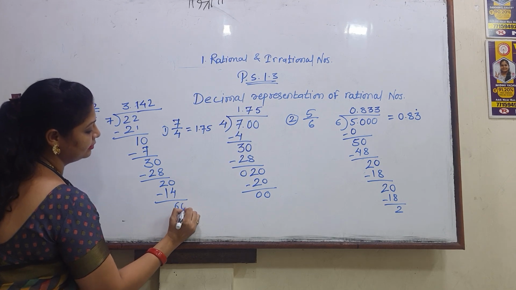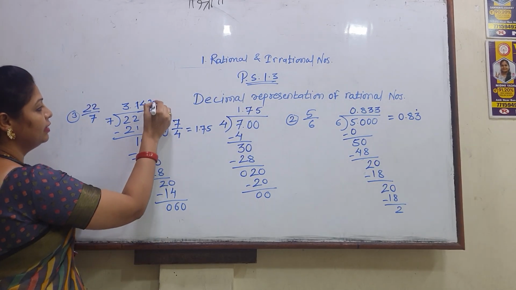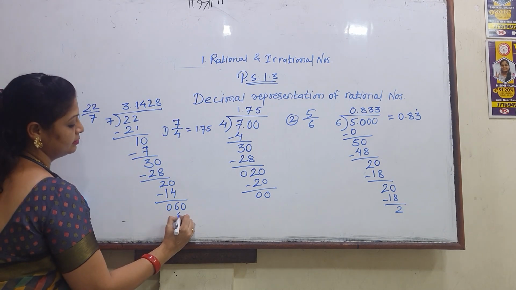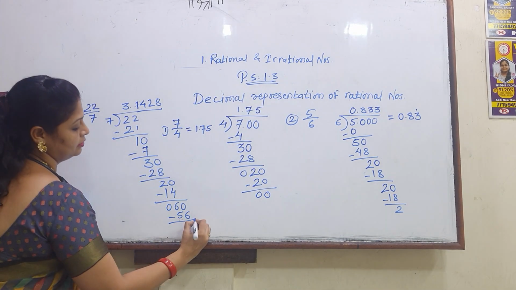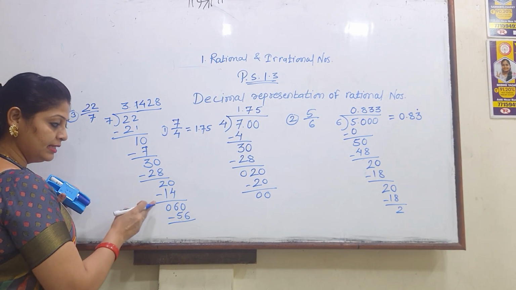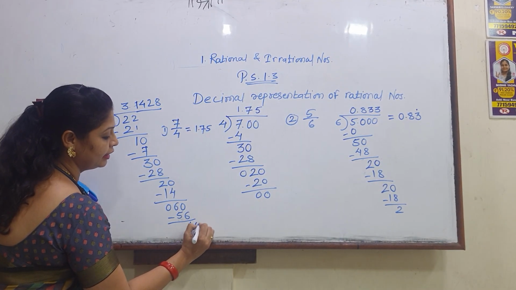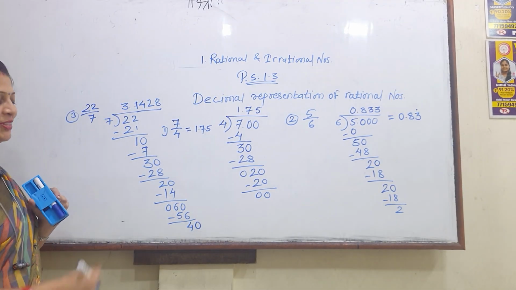Again 6 is there. 7 eights are 56. Now we subtract 56 from 60, so we get 4 over there. And again we put 0, so 40 is there.